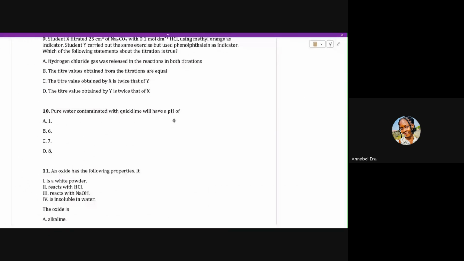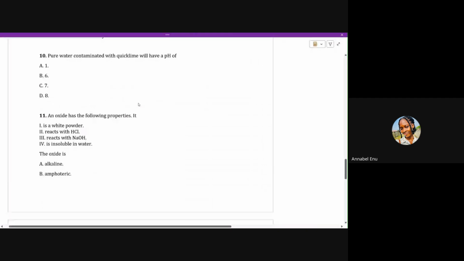Calcium oxide. That's the common name for calcium oxide. And we know calcium is a metal. So calcium oxide will be a base. So that's why our answer would be D.